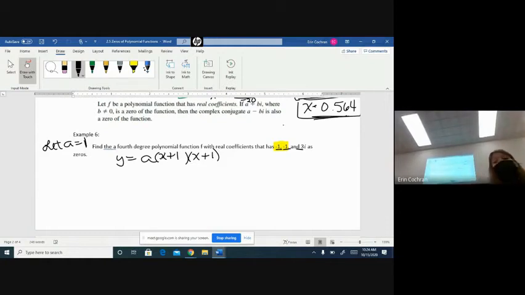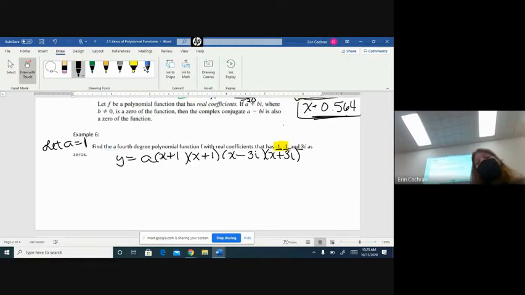Now, remember, to get 3i, didn't we have to have x squared plus a number, x squared plus 9, to get us that? Okay, so in this case, what we do is we're going to take x minus 3i and x what? Plus 3i.